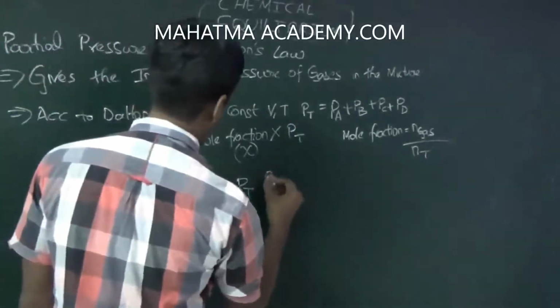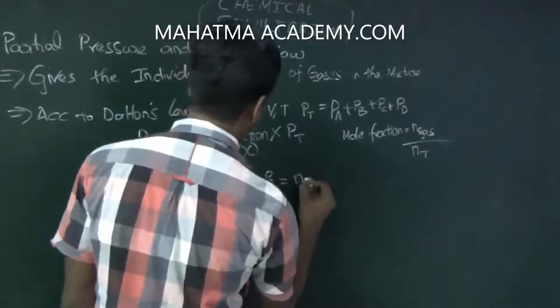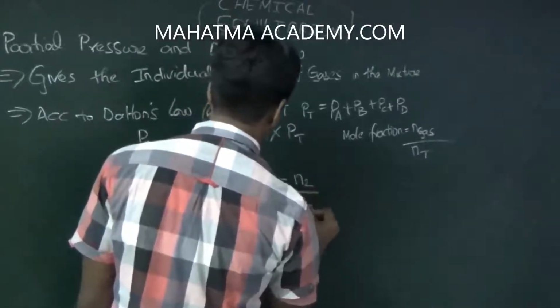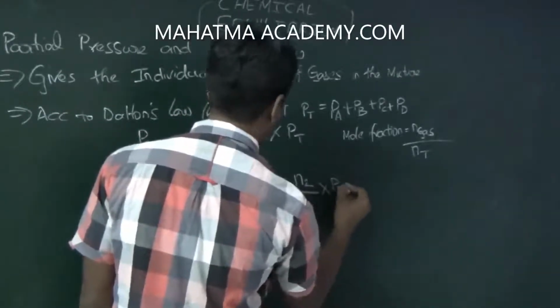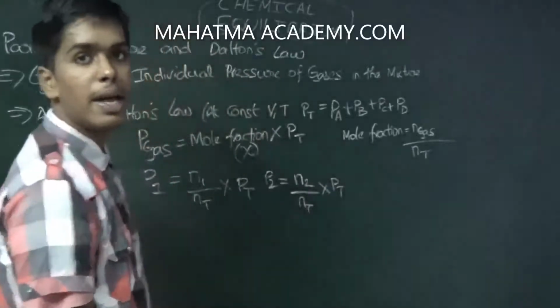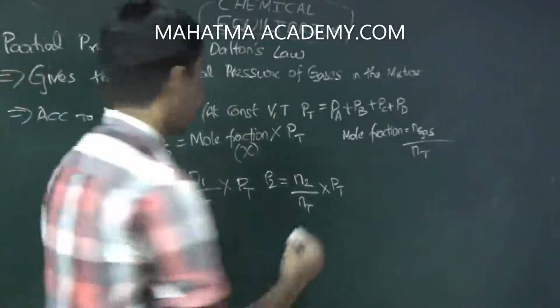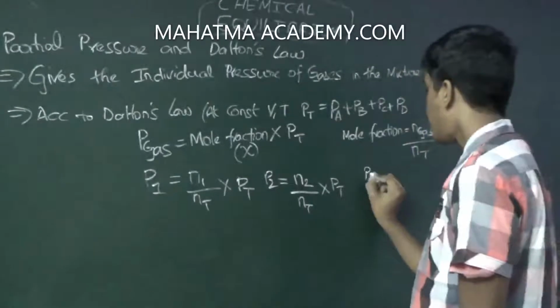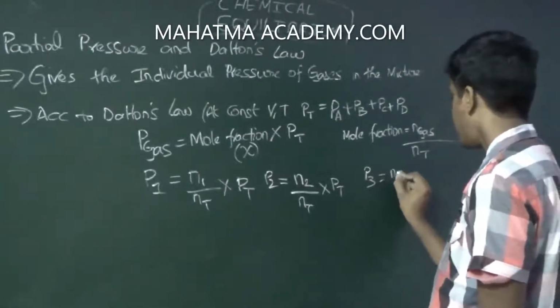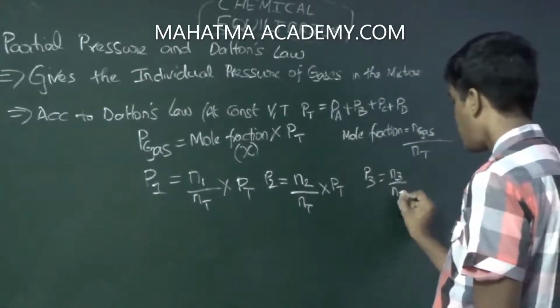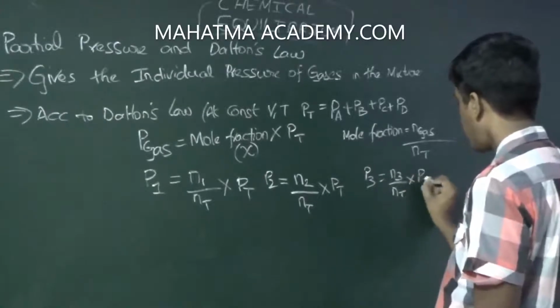P2 is equal to n2 by n total into P total. For gas 3, P3 is equal to n3 by n total into P total.